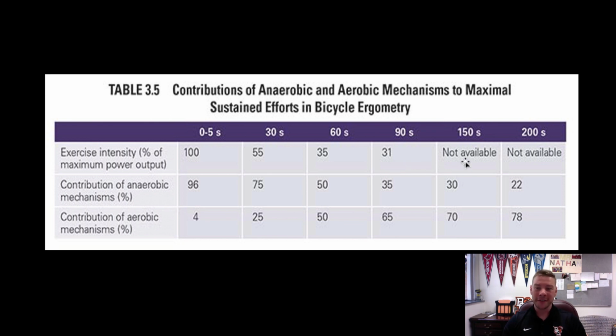And then at 150 seconds and 200 seconds, they've stopped altogether, right? They could not continue that. So I hope this helps explain how these different mechanisms between anaerobic and aerobic are always working together in order to help us sustain life and achieve a consistent production of energy. Okay, let me know if you have any questions on this.